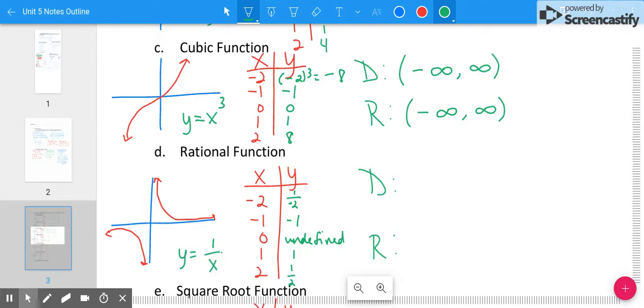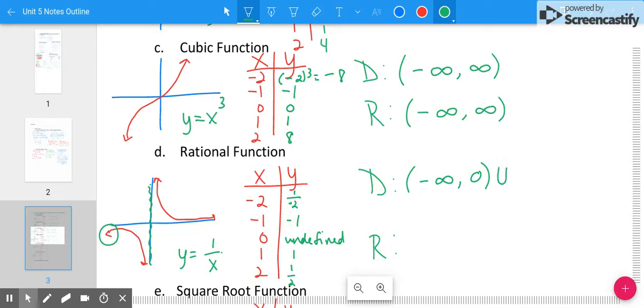Now, domain and range get a little bit interesting on this one. So domain-wise, we are starting all the way to the left. We have an arrow over here indicating -infinity. But because this y-axis is completely untouched, we're going to stop at 0 and put a parenthesis, because obviously if it's not included, we don't want to use the square brackets. And then we're going to just basically jump over it.